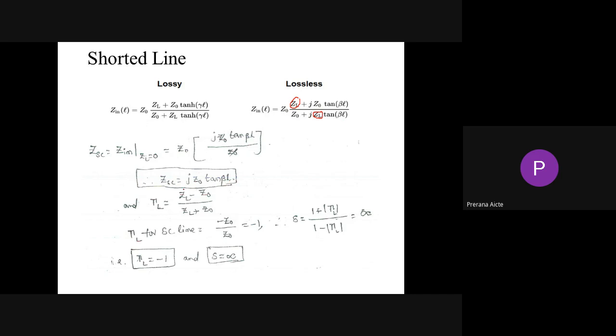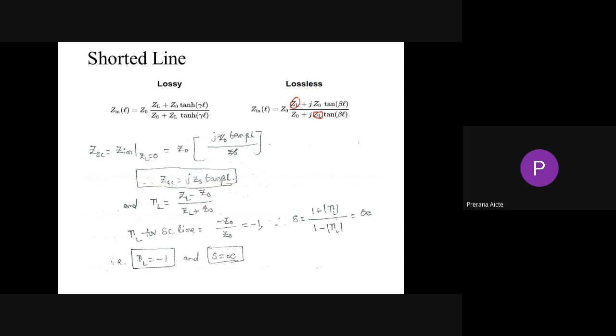Now the reflection coefficient, gamma L, is equal to Z of L minus Z naught divided by Z of L plus Z naught. This is the general expression of the reflection coefficient.